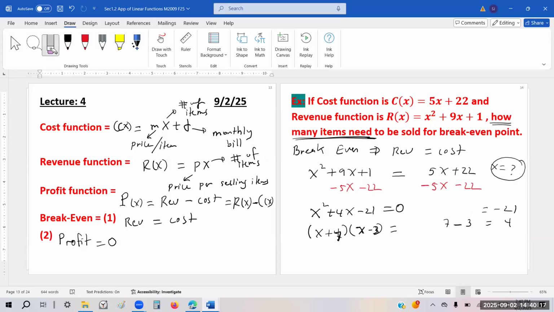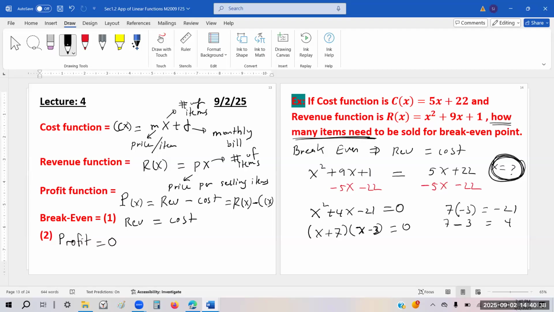I should write this nicely. 7 times negative 3. And then what do we do? What is our goal? What are you trying to do? Solve for x.